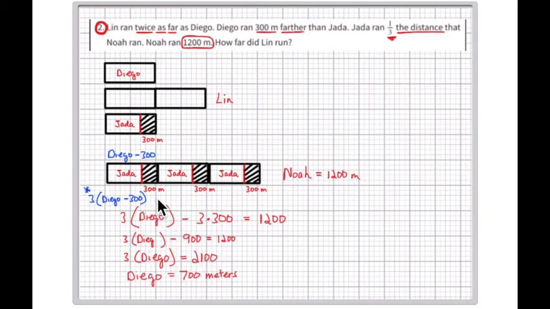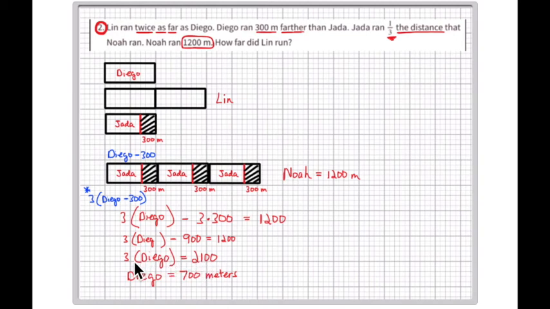So 3 times Diego, which is this Jada plus this 300. So 3 times this 300 is 900 plus 3 times Jada, which we know is 1,200. So this 900 plus 1,200 equals 2,100.